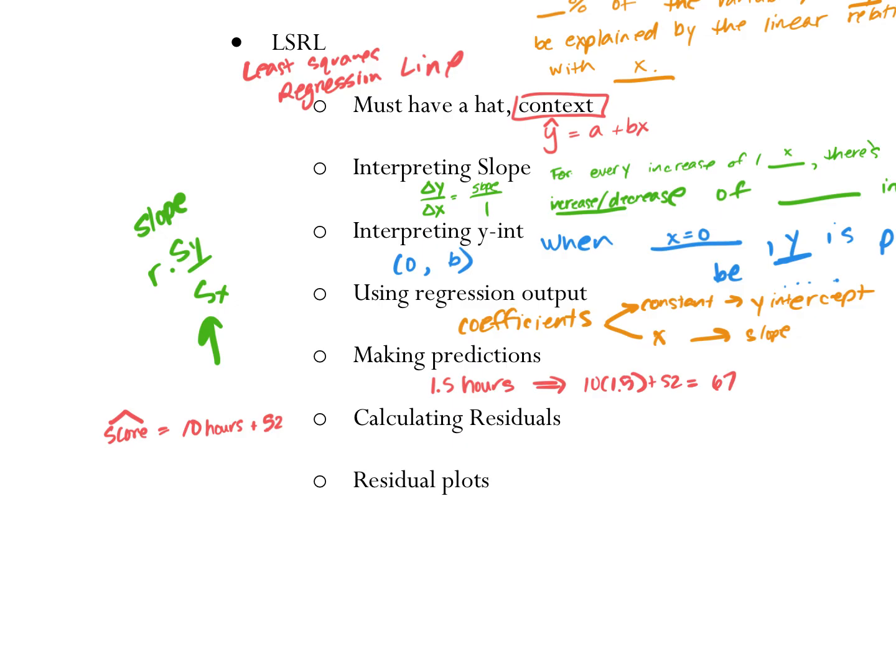All right, so now let's go ahead and say that Bill studied 1.5 hours and got a 73. How did the line do?